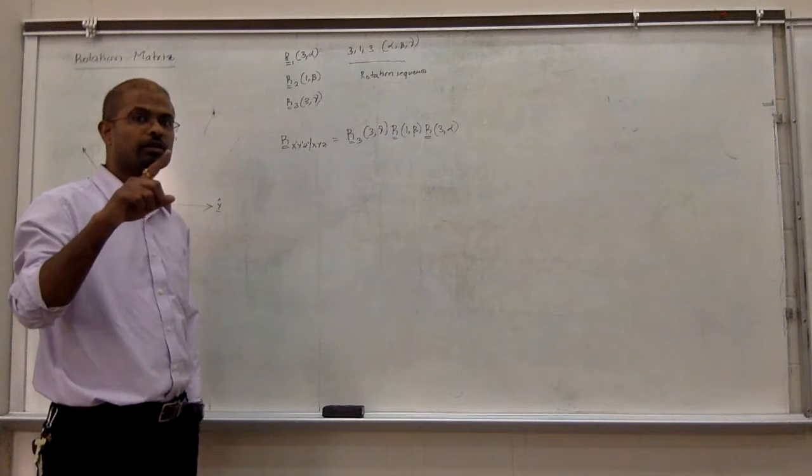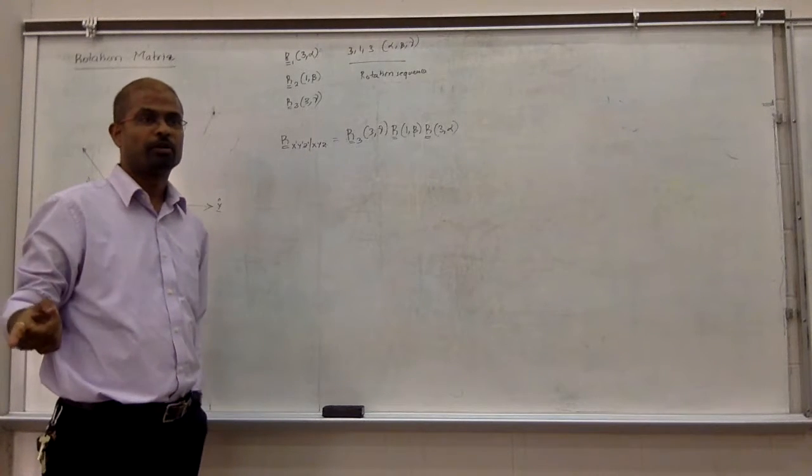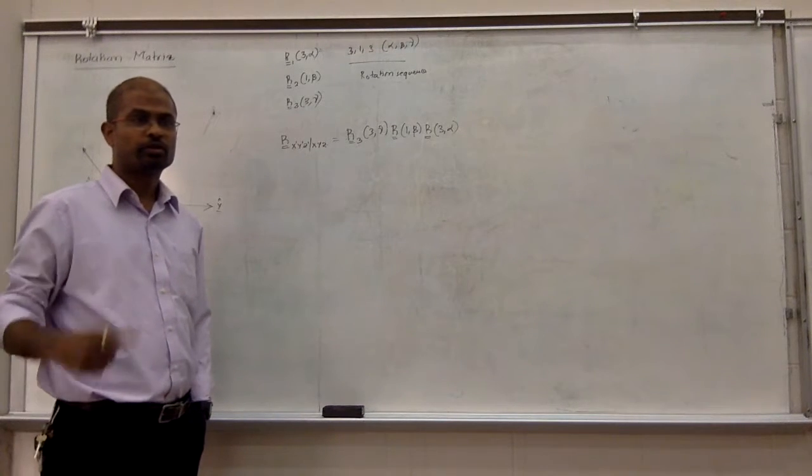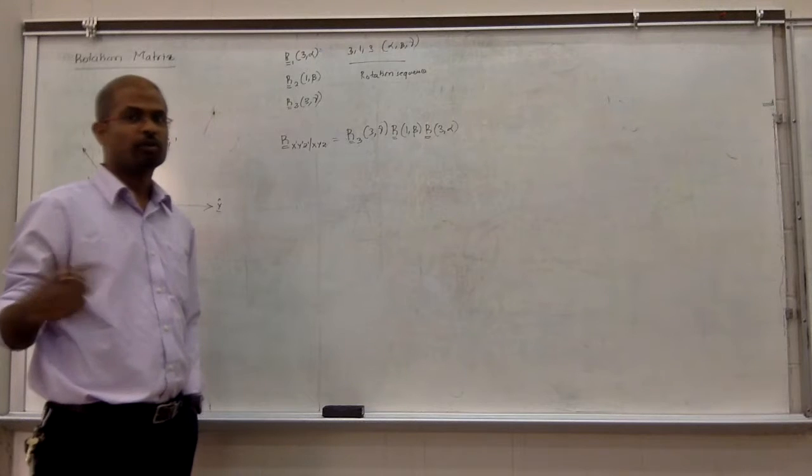And that is alpha, beta, gamma. But what is the multiplication sequence? Reverse: gamma, beta, alpha. It's 3, 1, 3, but gamma, beta, alpha.